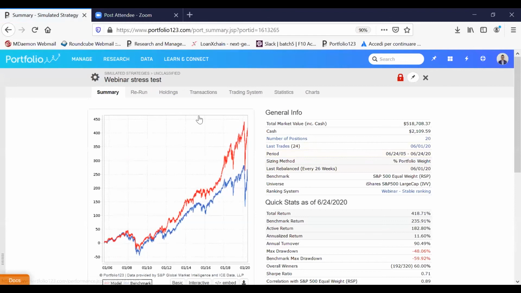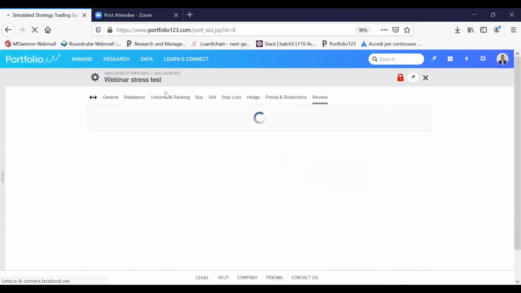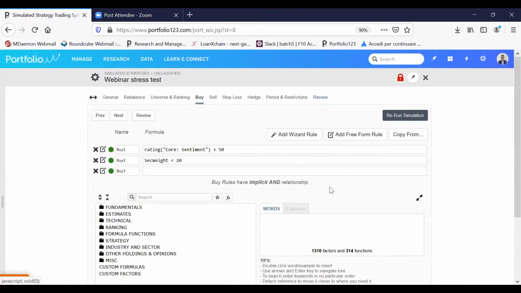Okay, now it seems that we cannot really tell from here, we don't have too much time, whether it was the sector weight that kept the strategy stable, or if the core sentiment rating is improving the predicting power of the other ranking, which is, by the way, not including sentiment.